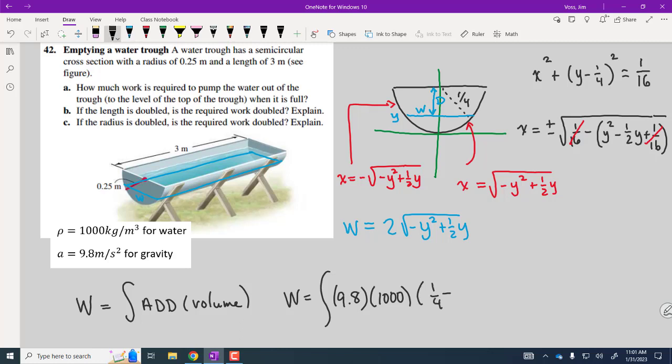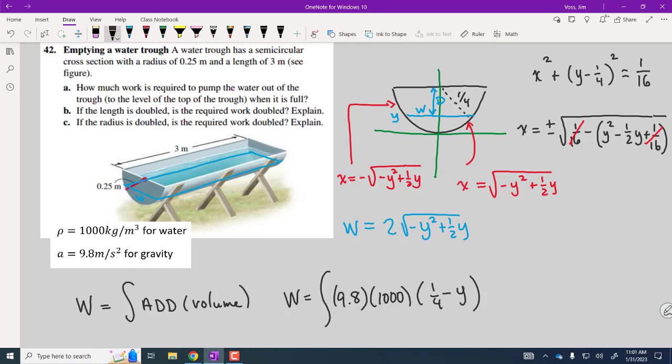Does everybody see that? So the total distance from the bottom of the tank to the top is 1/4. And if we have a slice at height y, the distance traveled is the 1/4 minus the height of y. That'll give us this complementary distance. Y is this distance. That distance is going to be 1/4 minus y. All right, so that's usually the hard part, is getting the distance right.